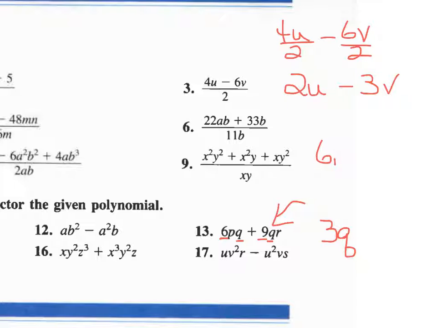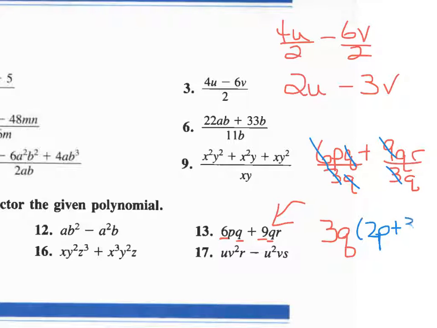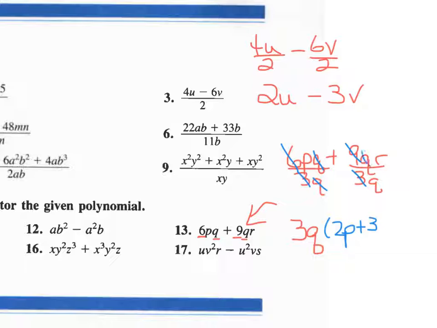I like to write the GCF under each one, so I get a nice little visual here to see what I'm dividing by. So here, I'm going to divide it, and I get 2P, and then here I get 3, the Q's go away, and then the R.